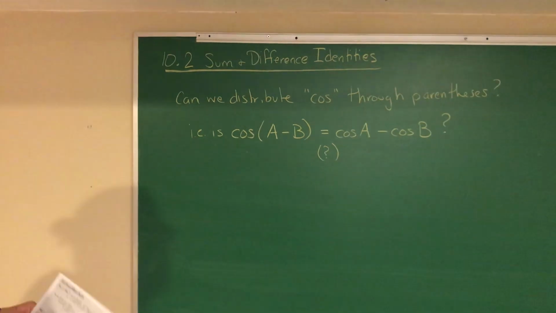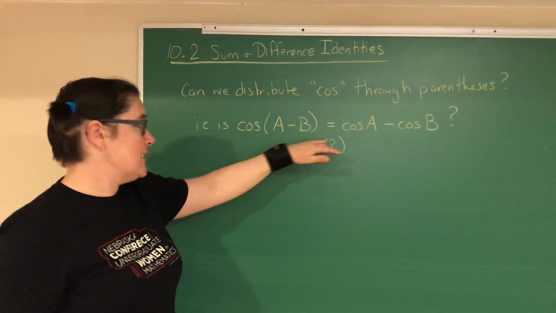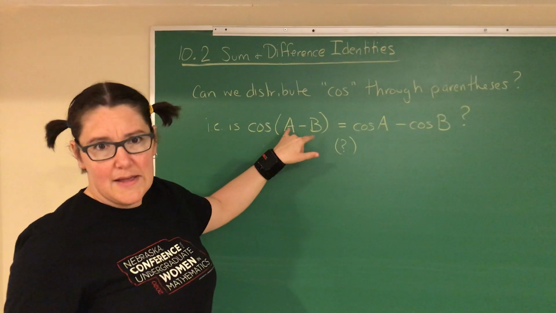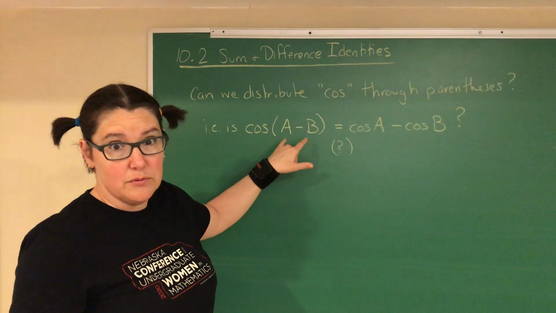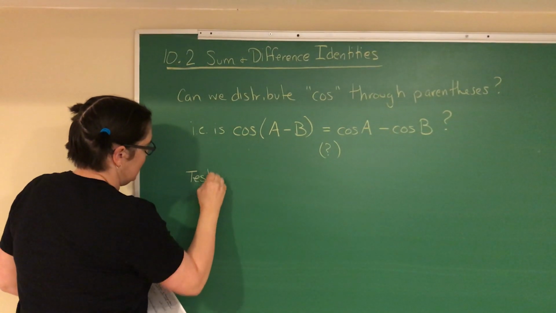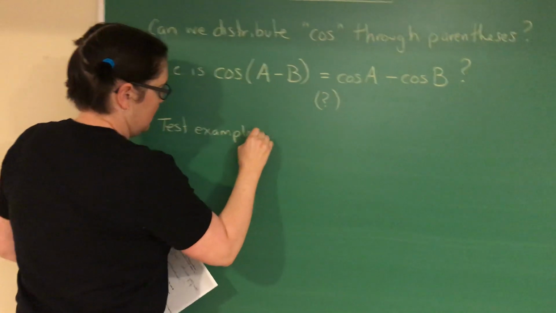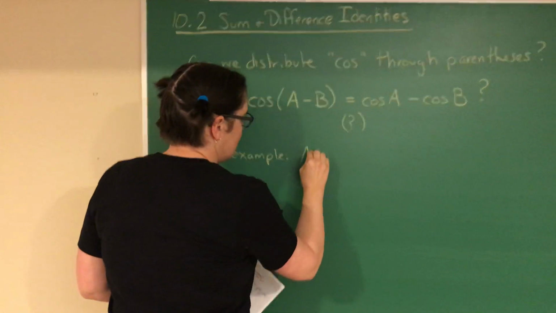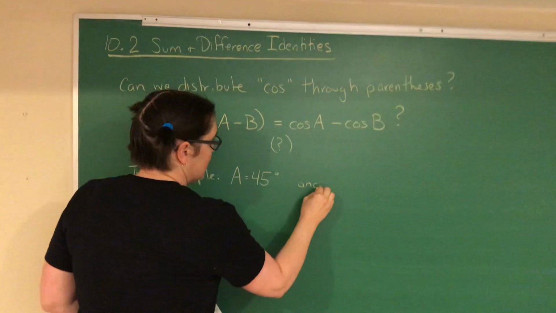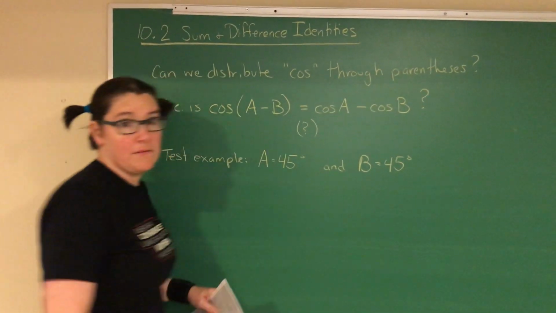Okay. All right, so if this is true, if we're allowed to distribute that cosine function through the parentheses, then this equation should be true no matter what two angles a and b I choose. So I'm going to look at an example as a test. Let's say that our angle A is 45 degrees and angle B is also 45 degrees.